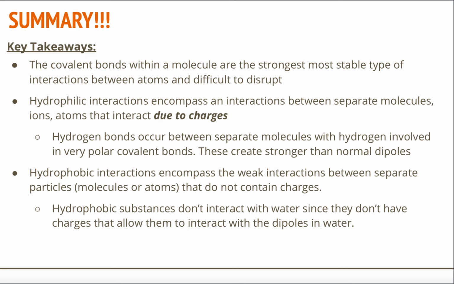You do not want to mix them up with covalent bonds. They occur between two molecules that happen to have dipoles that contain hydrogen within that polar covalent dipole. Because of that, they have an extra charged end that makes them just a little bit stickier than normal polar molecules. Hydrophobic interactions just happen to hang out together because they lack charges, so they can't hang out with anyone else.